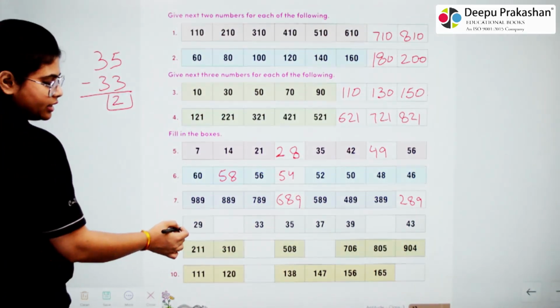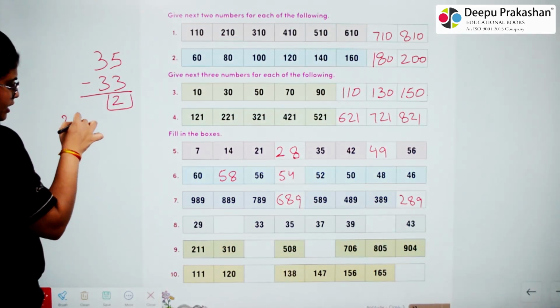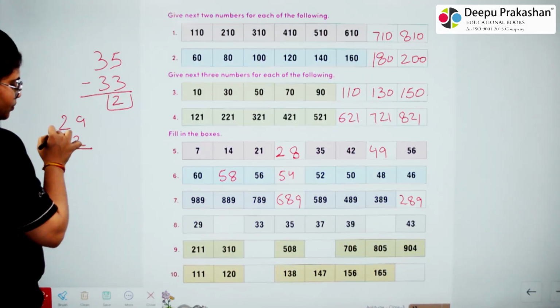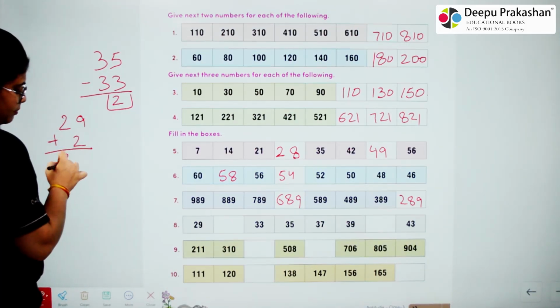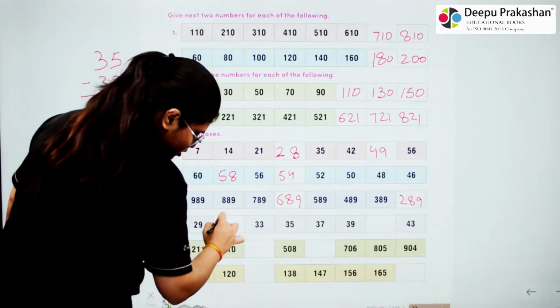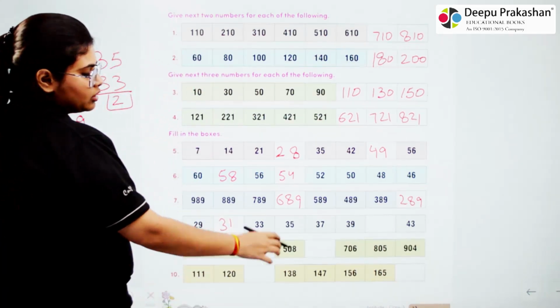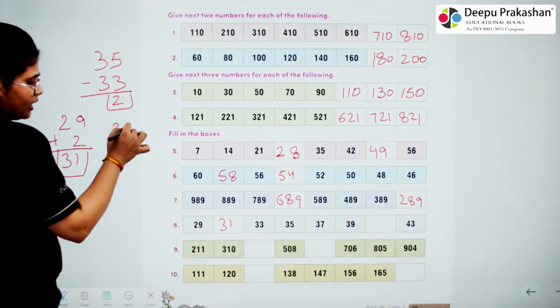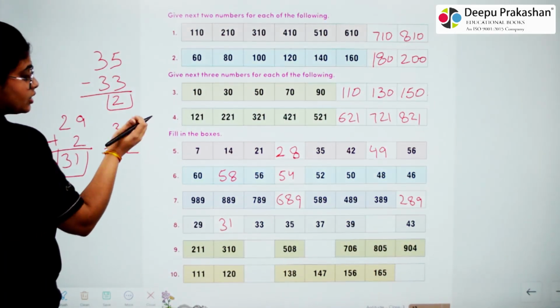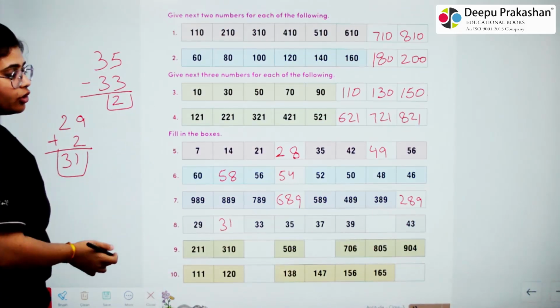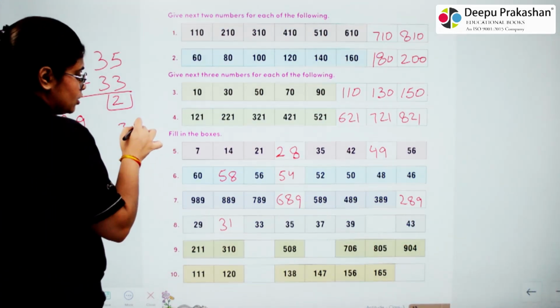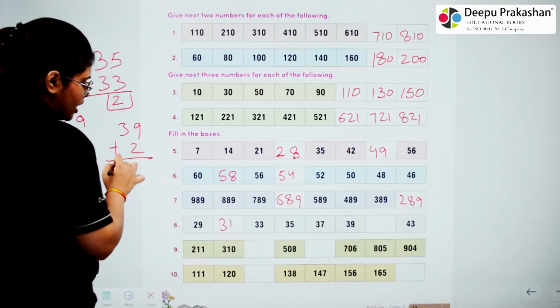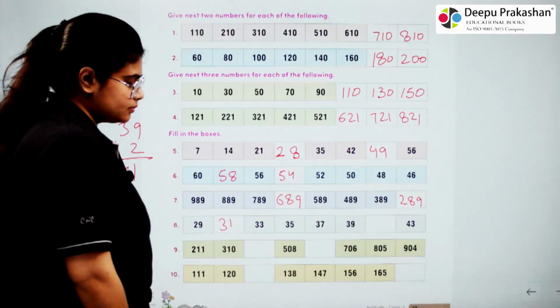So to find the next number that will come after 29, we add 2. So the number will be 31. For the second number, we need to add 2 to 39 and we will get 41.